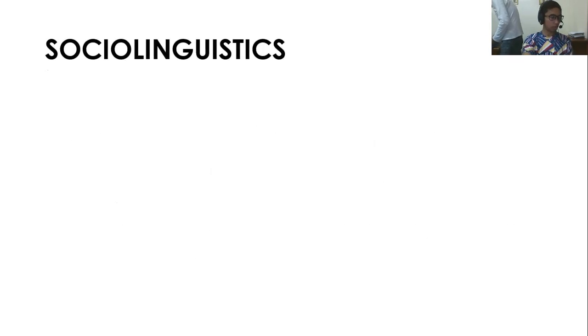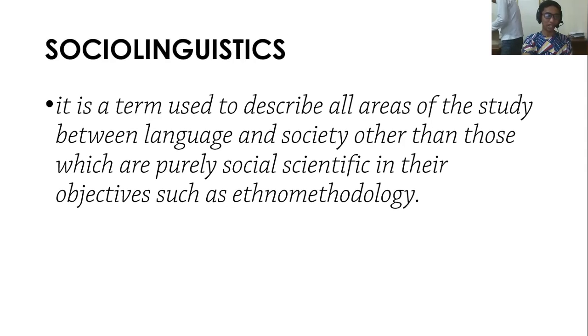Okay. Some more things to consider. There are terms still to wrap up. The first one is sociolinguistics. This is a term used to describe all areas of the study between language and society other than those which are purely social scientific in their objectives, such as ethnomethodology.